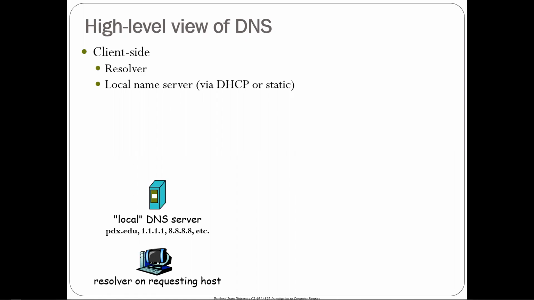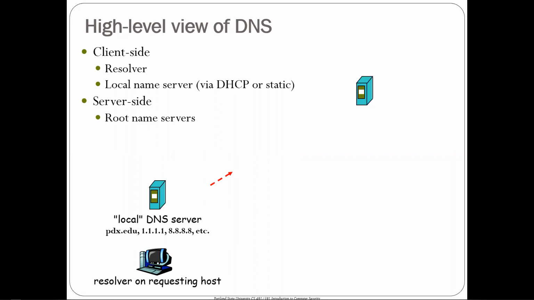And so at Portland State, we have several local DNS servers on campus. You could also use Cloudflare's local DNS server 1.1.1.1, which is in the Pittock Block downtown, or you can use Google's 8.8.8.8, which is in The Dalles. But it's basically some host on the internet that you can forward DNS requests to in order to get your names resolved. This local DNS server, you can set it manually, or you can use DHCP and get the entry that your DHCP server wants you to use.